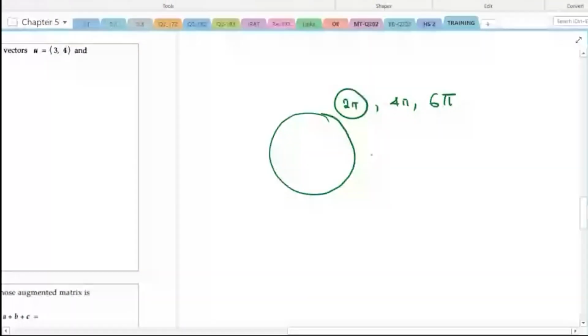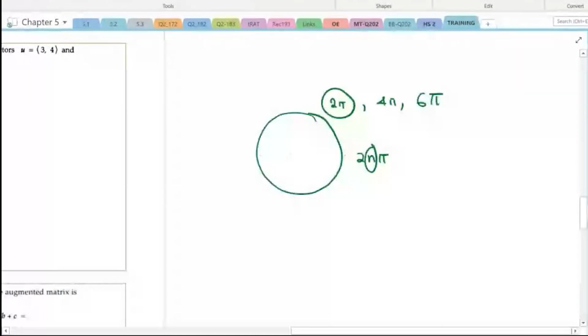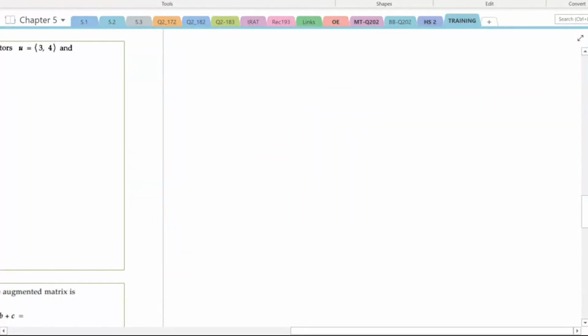So each time we go around the circle is 2n pi, where n is an integer. Although some teachers teach that you can find the answer on this side, which is n pi, and this side, which is n pi, I prefer to use the general procedure in which you use only one side, using the concept of coterminal angles.